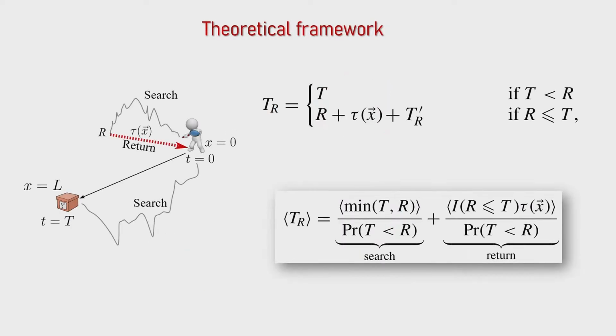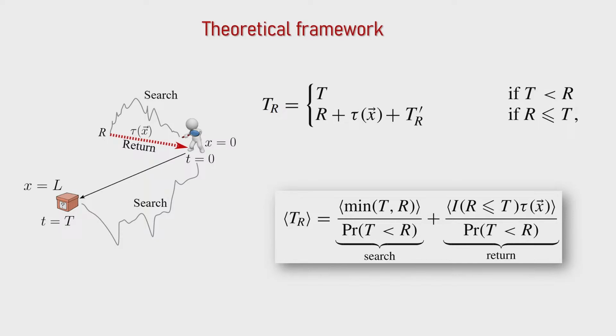By cutting off these tails, we improve the process, and we get this exponential tail. So we also have a theoretical framework for this process. It is very simple. Suppose TR denotes the random variable associated with the overall search time. Starting from here to here, it takes TR amount of time. Now TR has two contributions. One is from this underlying process, capital T, where it is just going to the target and finding it without any return events. And the second one is with one return event.